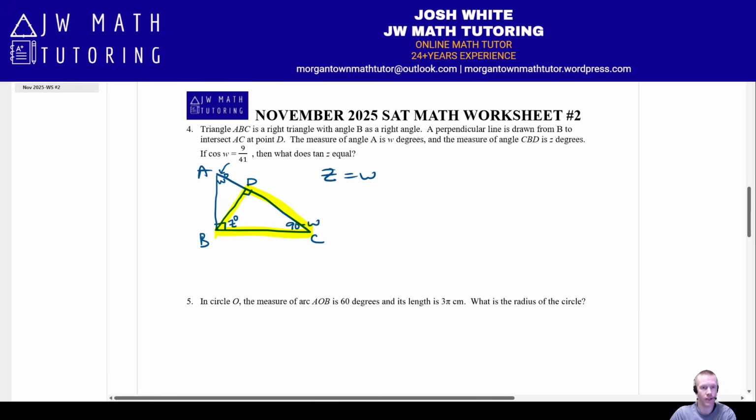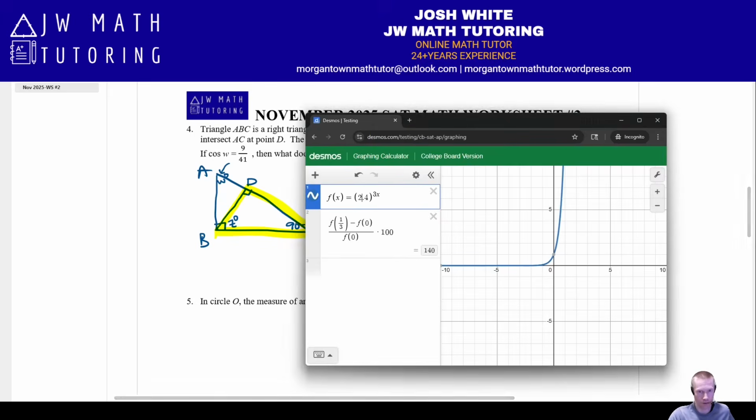You could also figure that out if you took the similar triangles and drew them out and matched up the corresponding parts. However you want to think about it, the measure of Z and the measure of W are the same. So all I have to do is find the measure of the angle and then take the tangent of it, and that's going to be my answer.